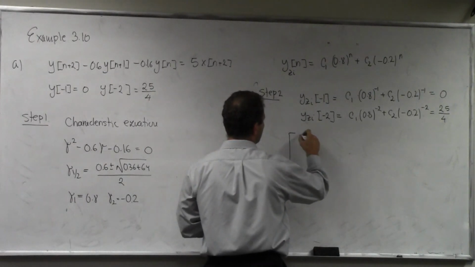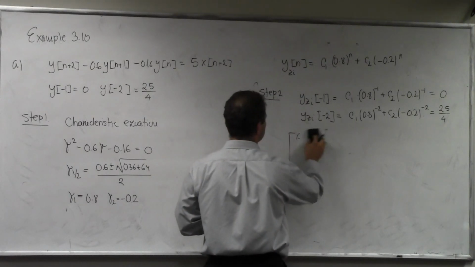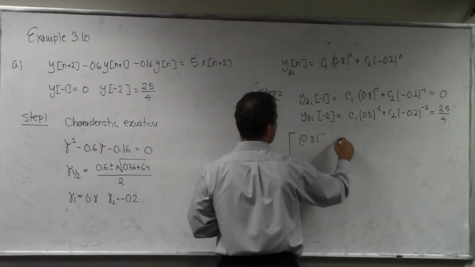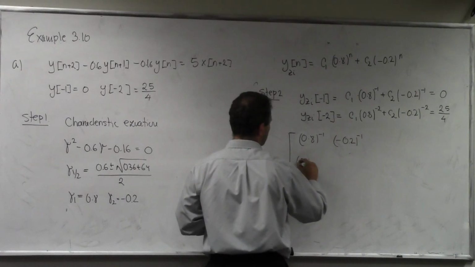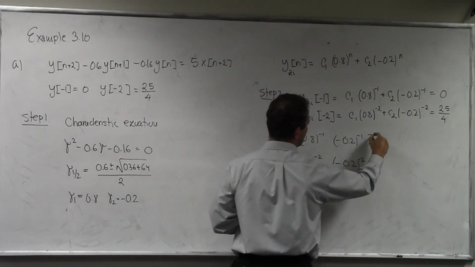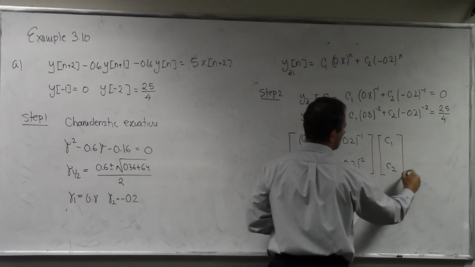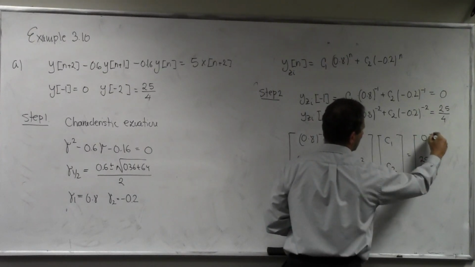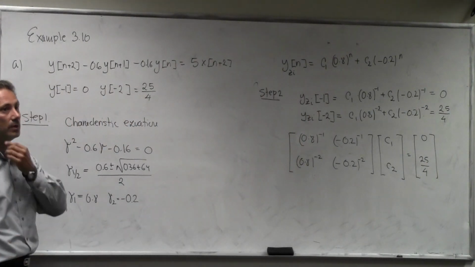The matrix with rows 0.8 to minus 1, minus 0.2 to minus 1, and 0.8 to minus 2, minus 0.2 to minus 2, times C1, C2, is equal to 0, 25 over 4. This is a system of 2 equations with 2 unknowns.